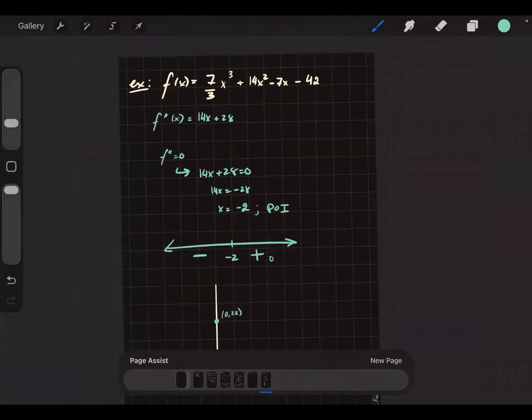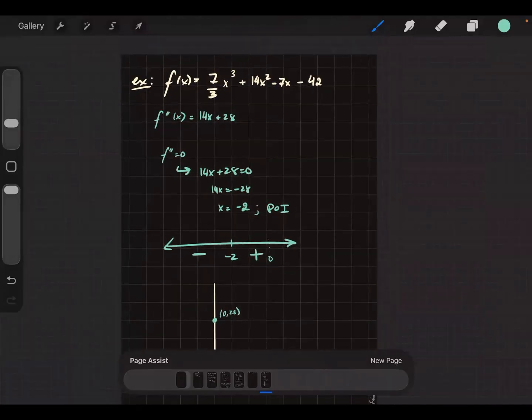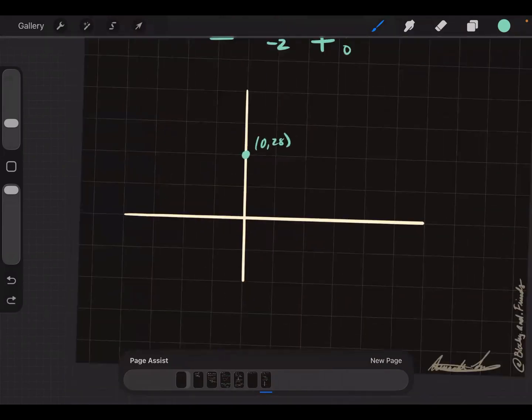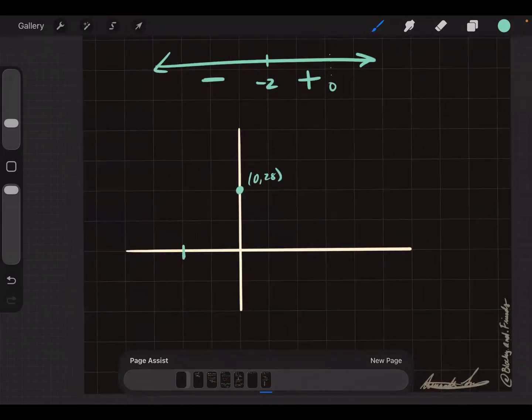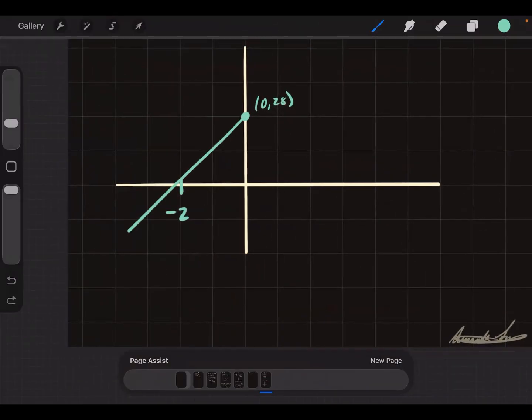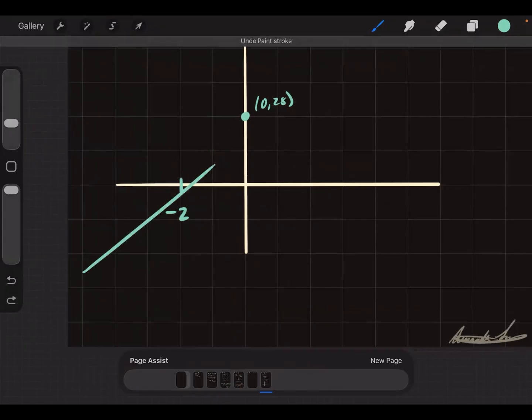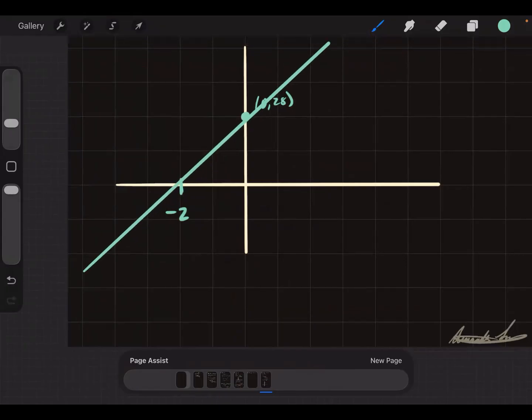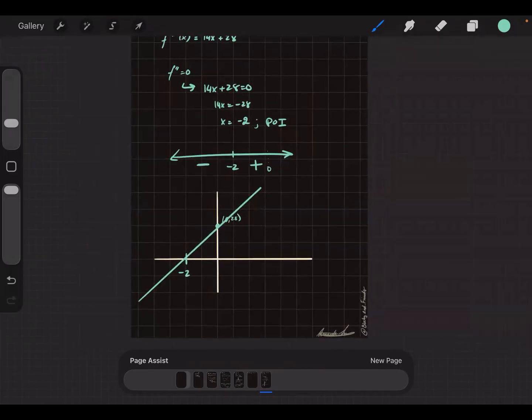It's going to have a slope of 14. At -2, you hit the x-axis because f double prime is equal to 0, right? Something like that. Ooh, schmancy.